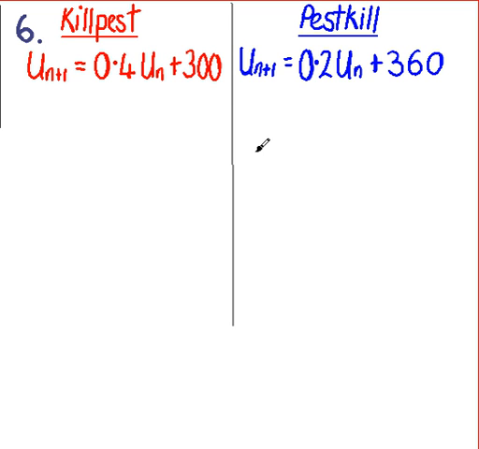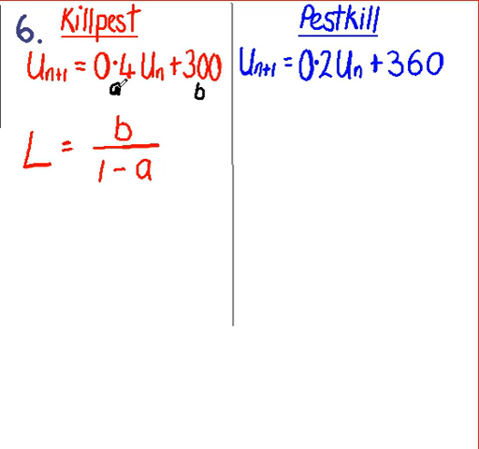So looking at Kilpest first and writing down our limit formula. So L, the limit, equals B divided by 1 minus A. And that's where A and B are the numbers indicated.